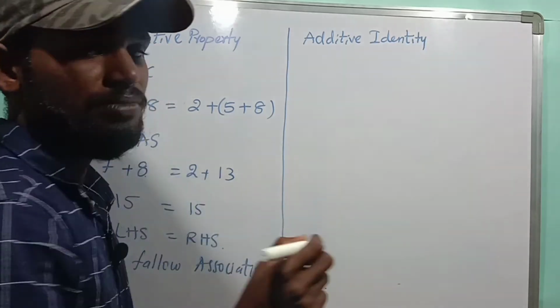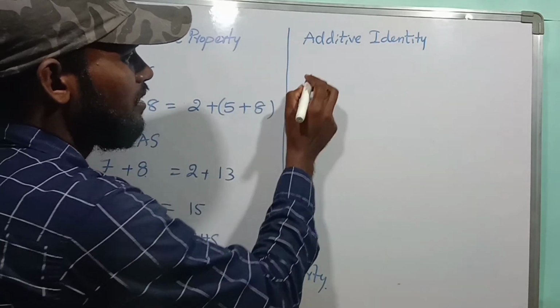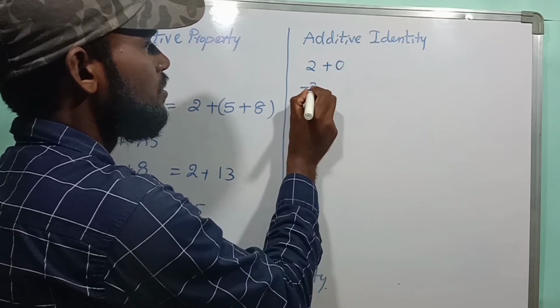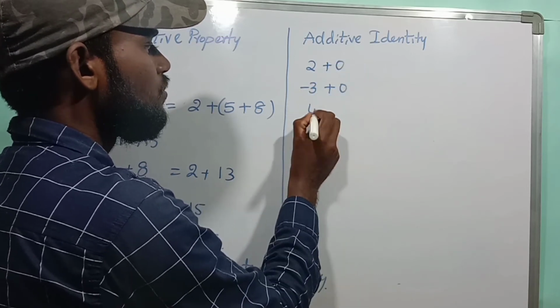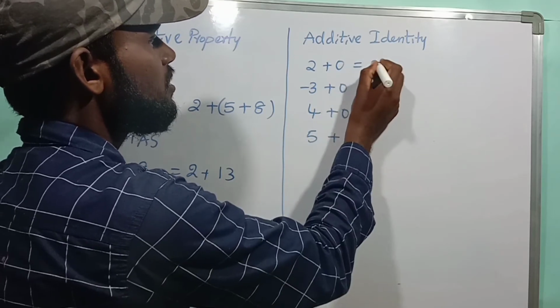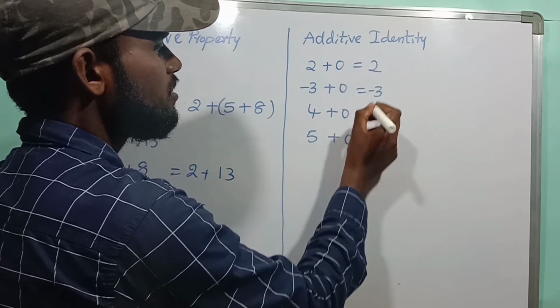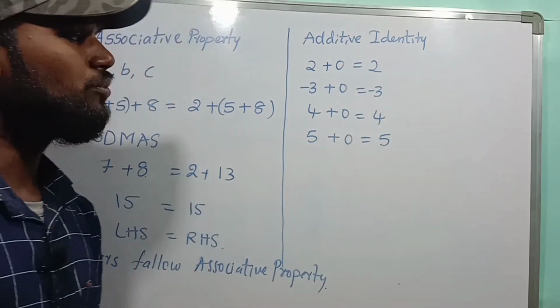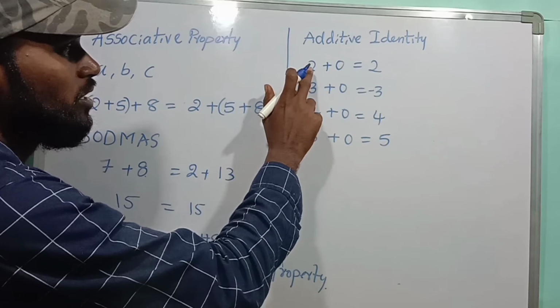Observe what I am doing here. 2 plus 0, minus 3 plus 0, 4 plus 0, 5 plus 0. The results are 2, minus 3, 4, 5.